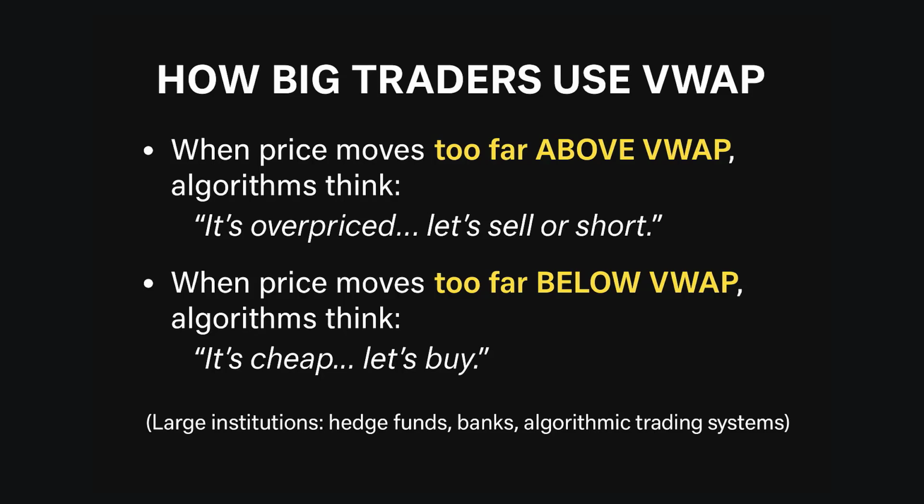Let's sell or short. If price goes too far below VWAP, they think it's cheap. Let's buy. Their goal is to buy below VWAP and sell above VWAP. Because these big players use VWAP heavily, the price often reacts around it.